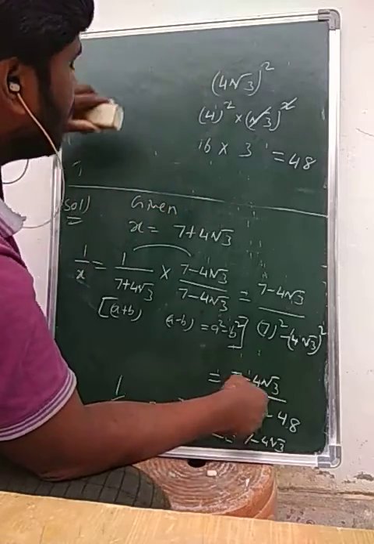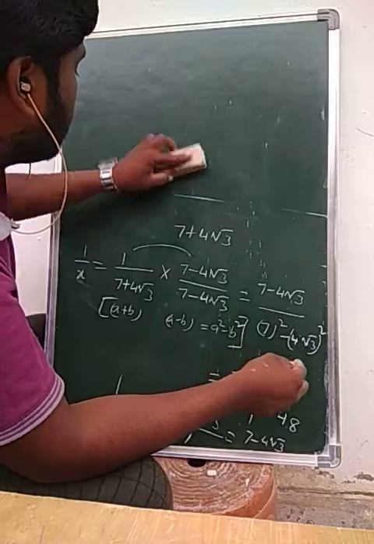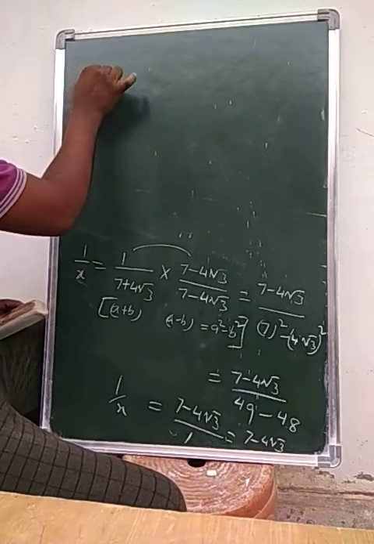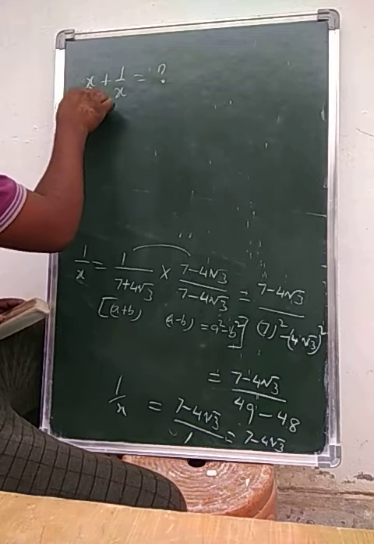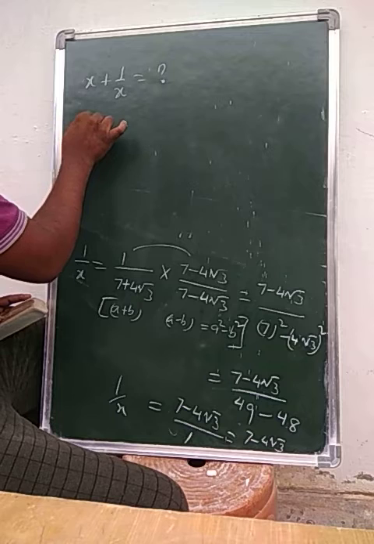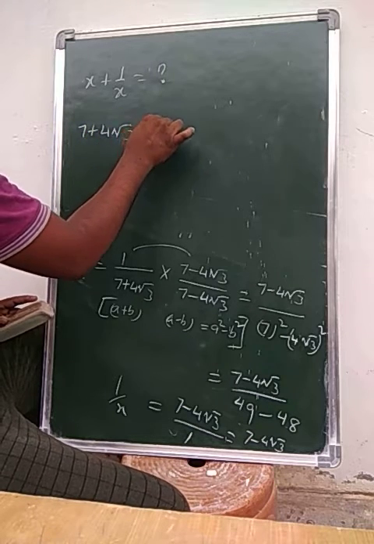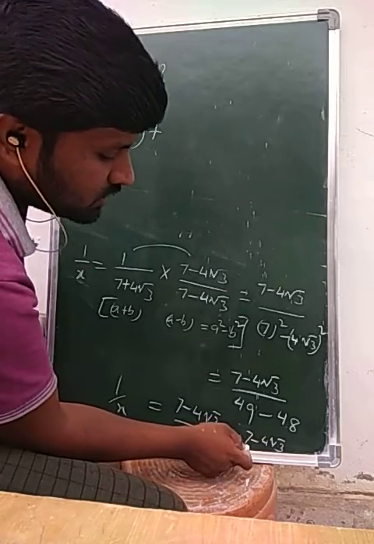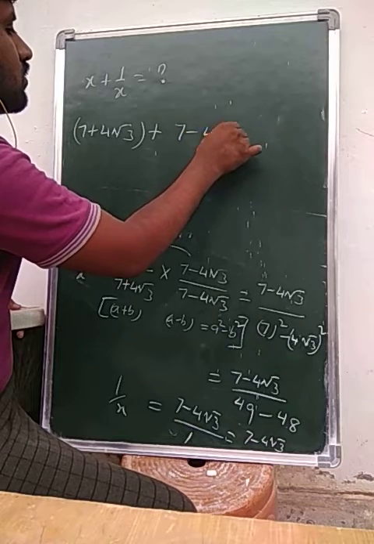Okay. Now coming to the point, what we want is the value of x plus 1 by x. Given x is 7 plus 4 root 3, plus 1 by x, which is 7 minus 4 root 3.